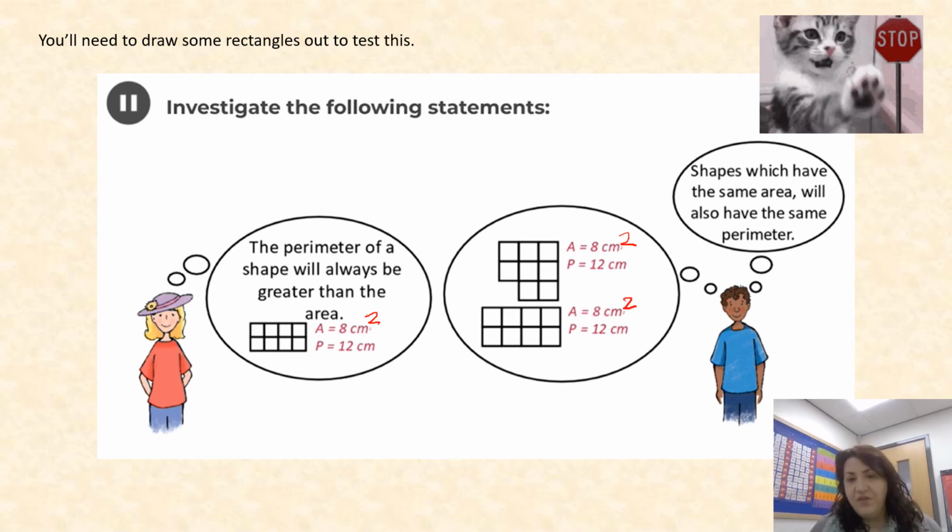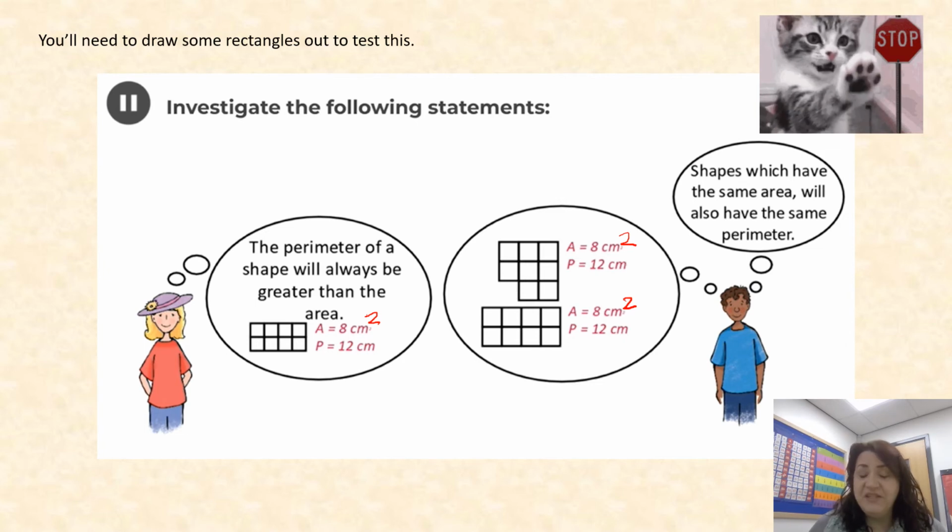He has worked out that these two shapes, they're both rectilinear shapes. They both have an area of 8 centimetres squared, and they both have a perimeter of 12 centimetres. And he thinks that will always be the case.